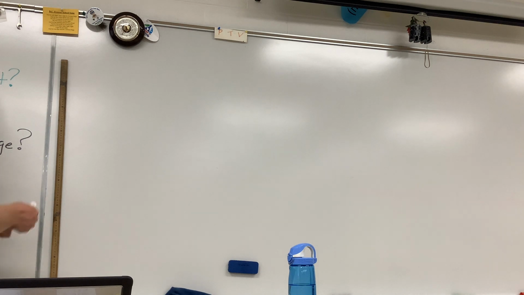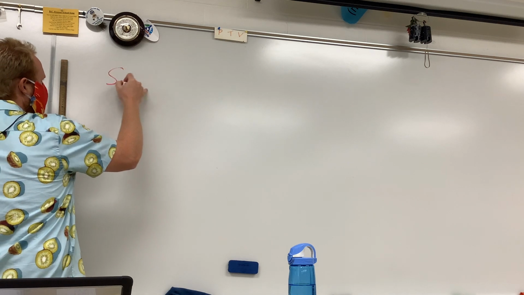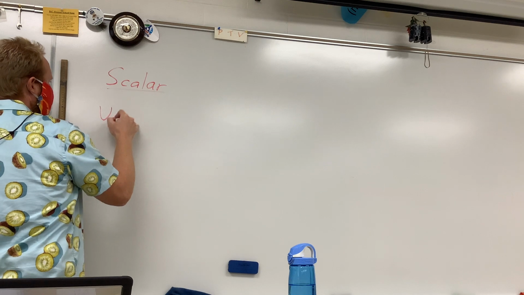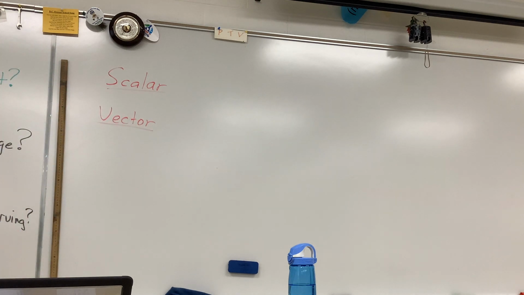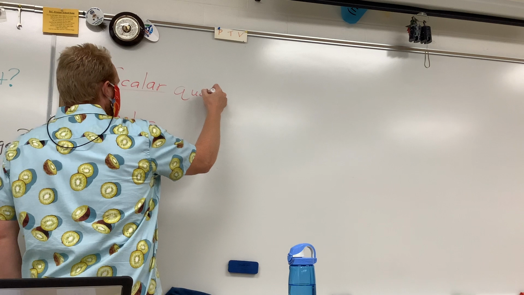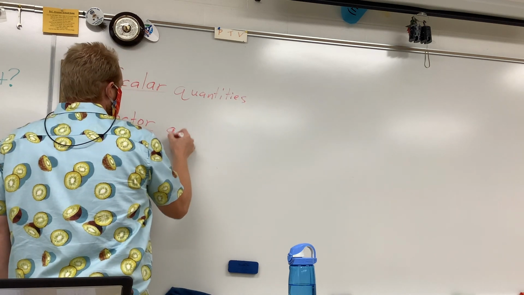In order for us to talk about 1D motion, there's a few terms that we need to make sure we have a basic understanding of. There are these 2 terms called scalar and vector. When we talk about these, we're talking about quantities or numbers.